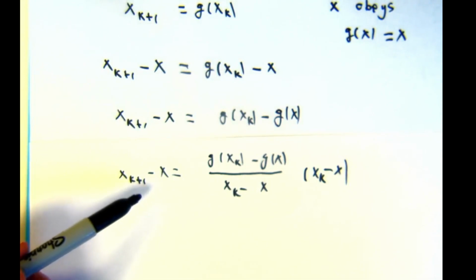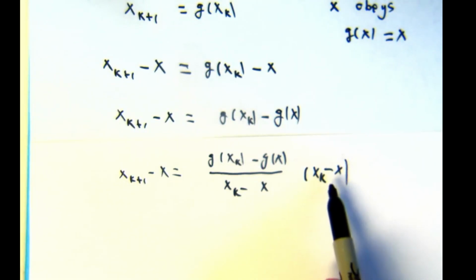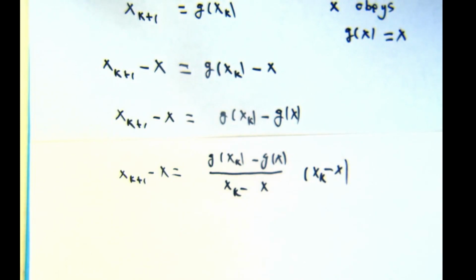This number measures how different estimate number k plus 1 is from the answer that I'm trying to get. That number multiplies by some constant here, but by itself, xk minus x is how different estimate number k is from what it is I'm trying to figure out.